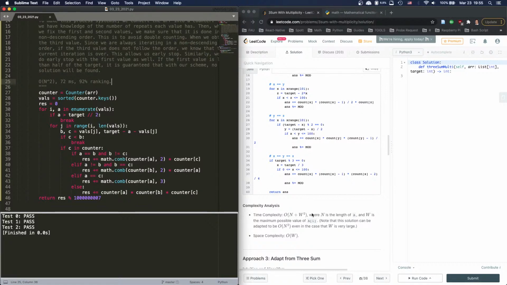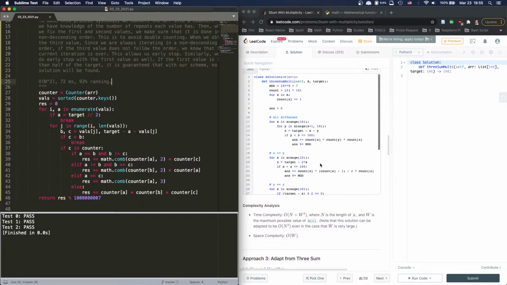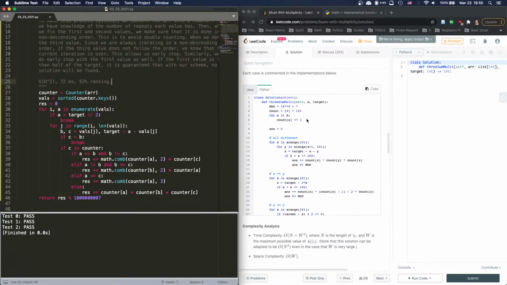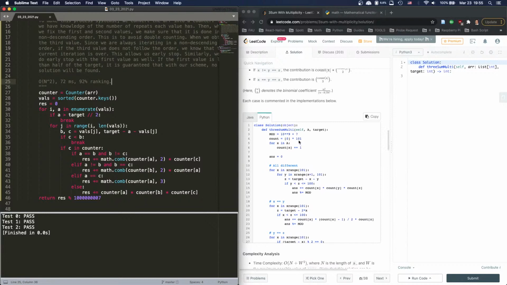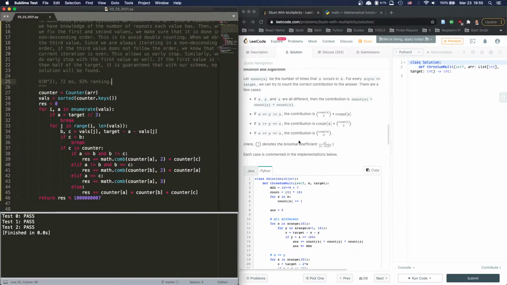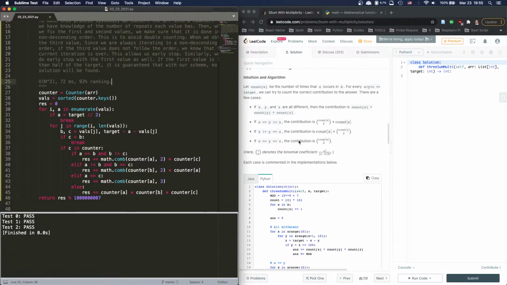Oh yeah, it's actually not n squared. It's actually smaller than n squared. We do a counter. What is this 101?